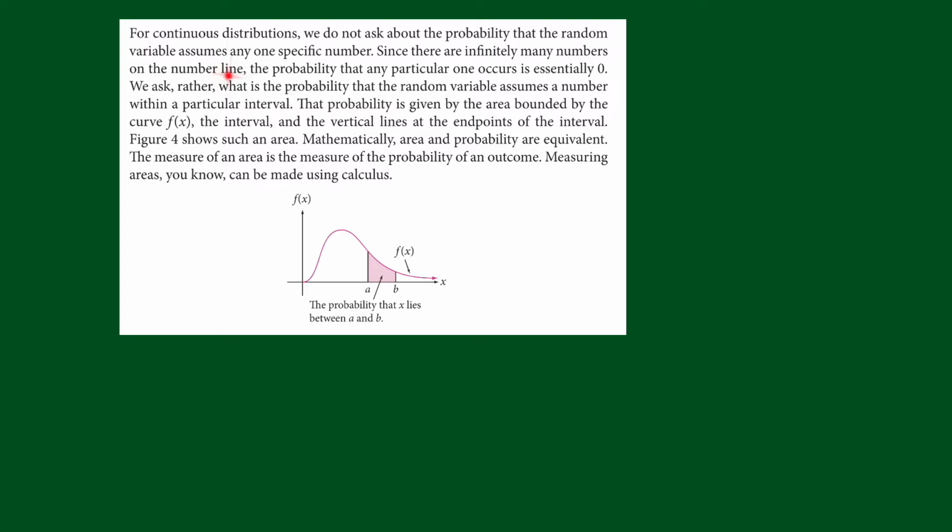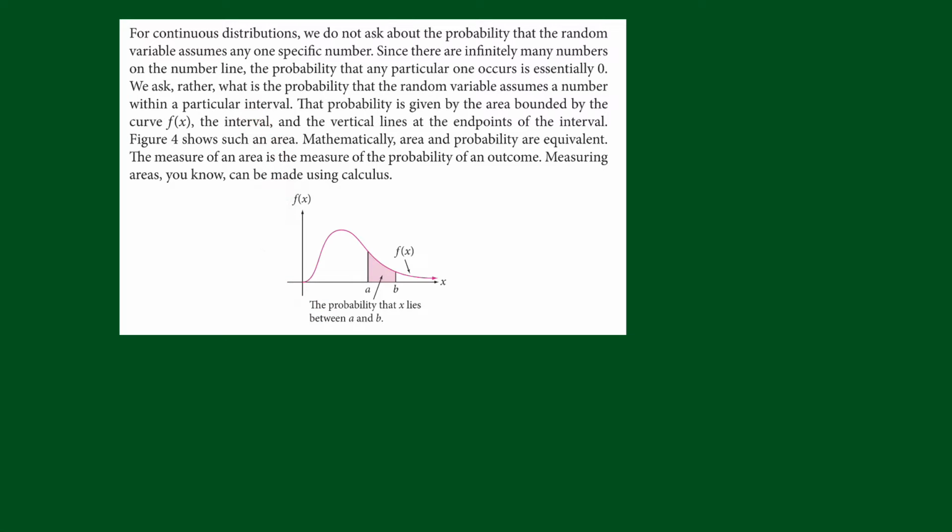Time's a continuous quantity. So since there are infinitely many numbers on the number line, the probability that any one particular number occurs is essentially 0. You have one particular number out of infinitely many, the probability that's going to happen is going to be 0. So we ask rather, what is the probability that the random variable assumes a number within a particular interval?